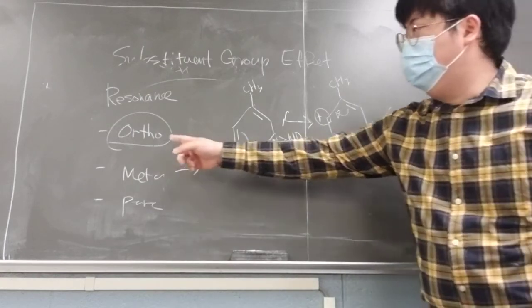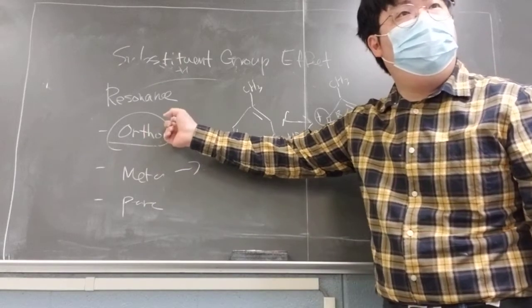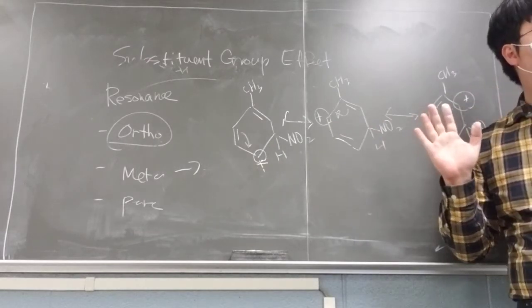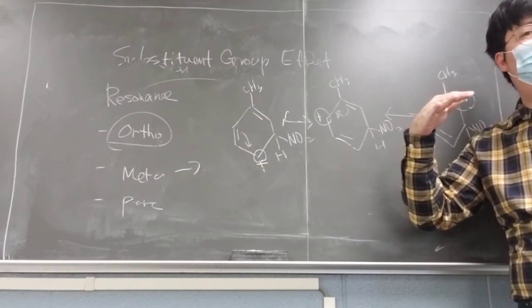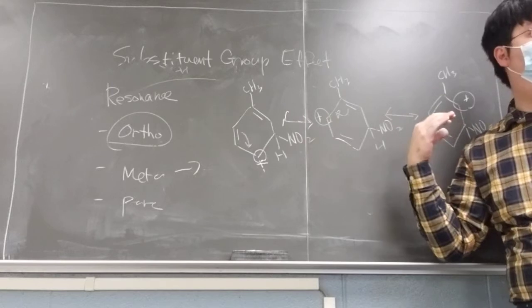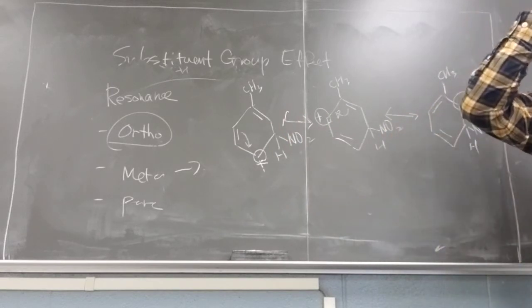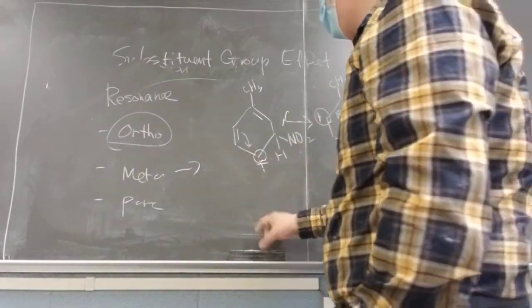The first one had 2, 2, 3, and this one is 2, 2, 2. So there is no especially stable resonance form among those 3. They're all the same stability. Makes sense, right? Copy this one real quick.